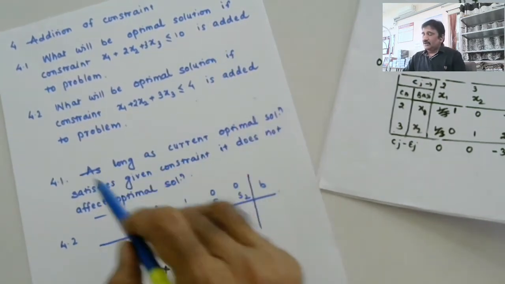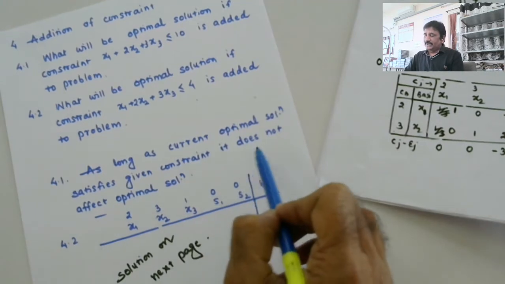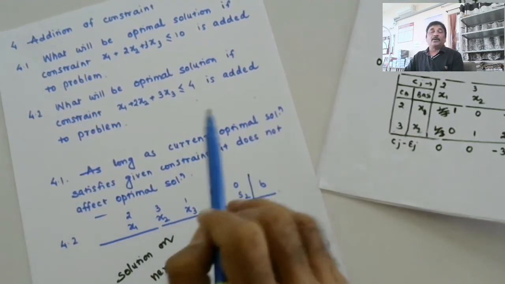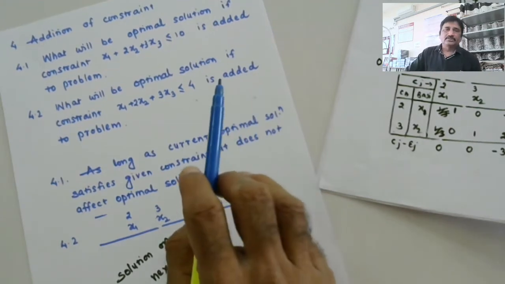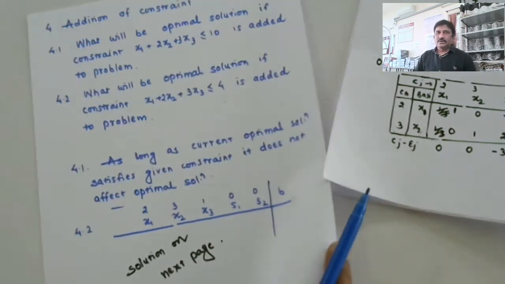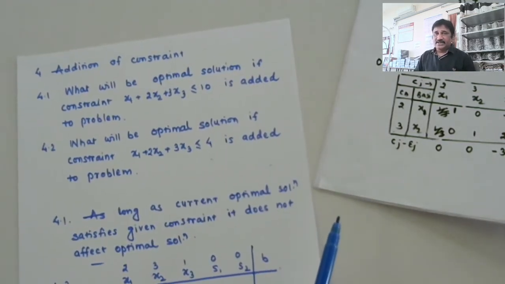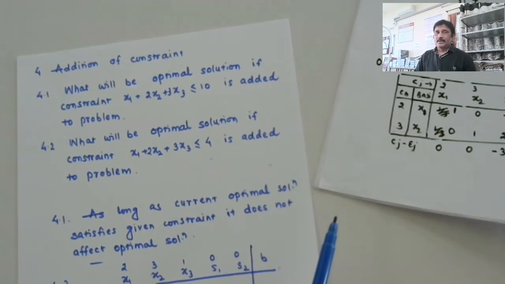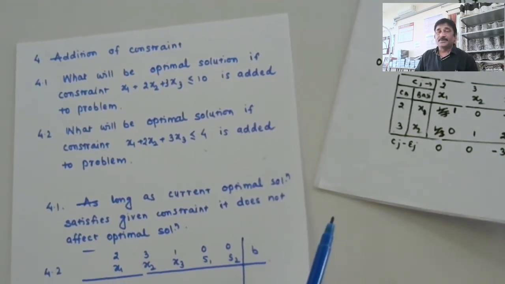So as long as the current optimal solution satisfies the given constraint, it doesn't affect the optimal solution. The only thing you have to see is whether your optimal solution satisfies the constraint. If the constraint is satisfied, your solution continues to be optimal.